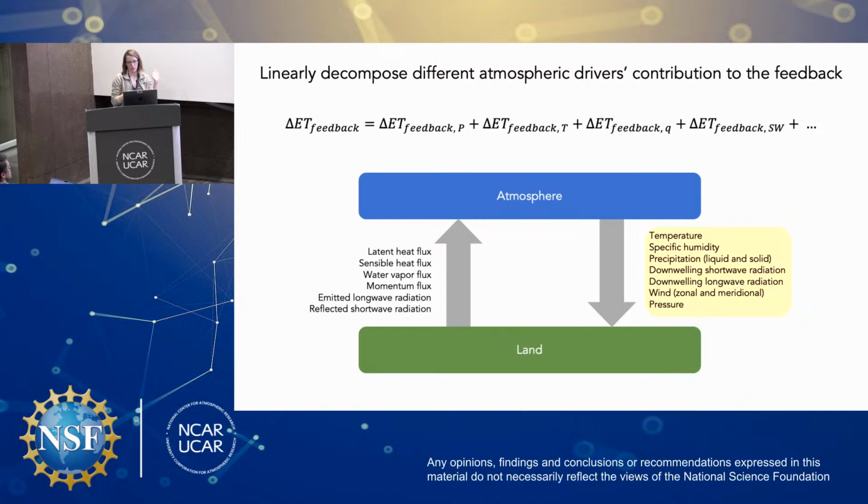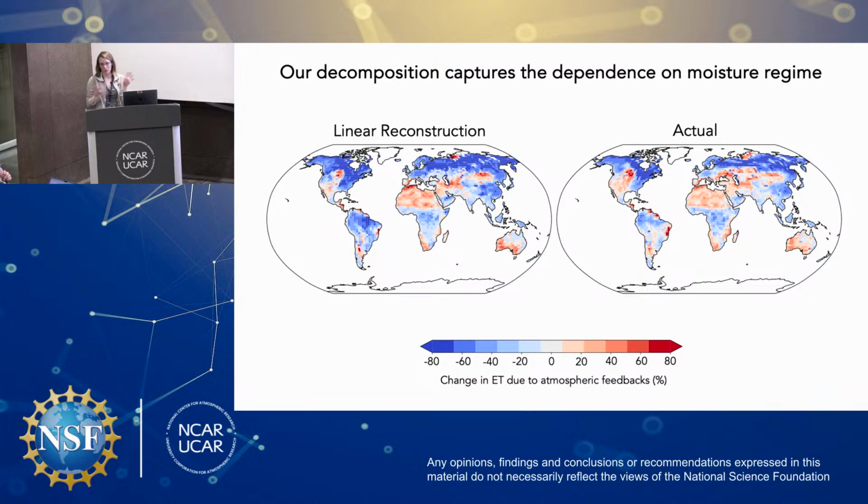Then we repeat it for all of the variables that are passed from the atmosphere model to the land model and could therefore potentially have this modulating influence. That simple linear decomposition by month actually captures the spatial pattern pretty well, a lot better than I expected. Our linear reconstruction captures this emergent dependence on the climatological moisture regime.